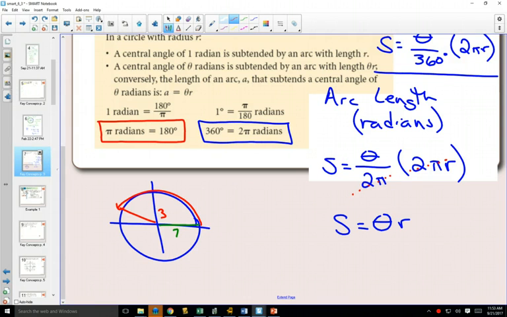What does 3 radians mean again? 3 radians is a relationship. That means there would be 3 radiuses around the outside edge, and if I did that, 7, 7, 7, this length would be 21.